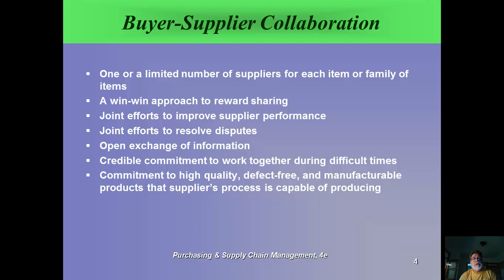Well, we'll get to that in a moment, but trust may be also listed as credible commitment, is that we know that they're going to work, we're going to work, we're going to come together. And on both sides, you have a commitment to high quality, defect-free, manufacturable products that suppliers' process is capable of producing.